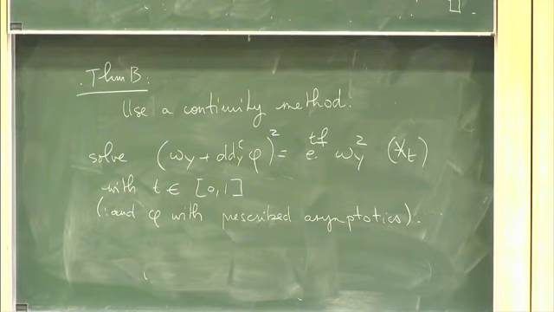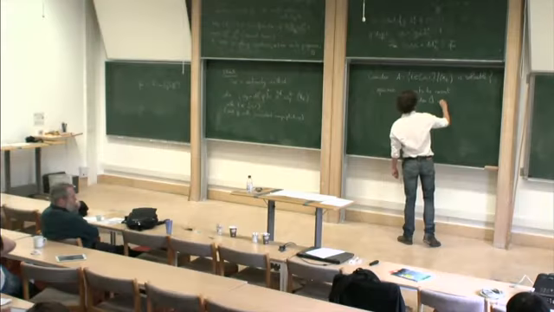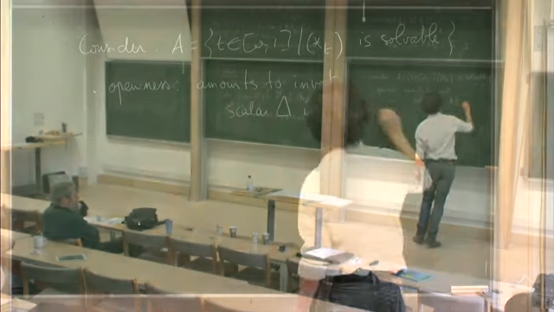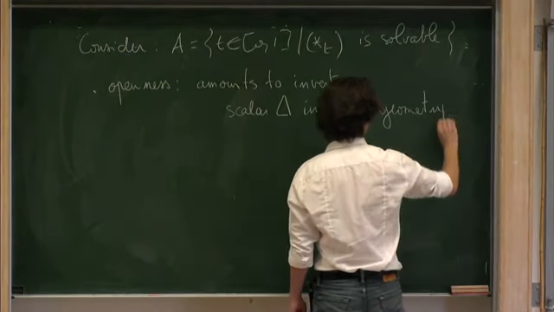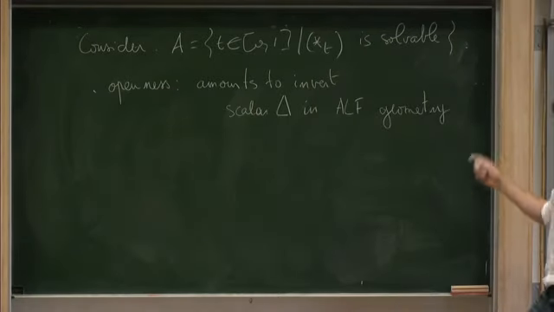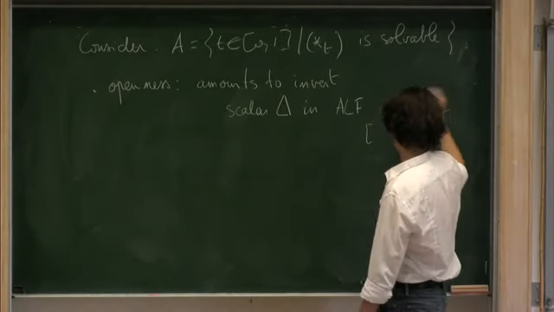So this amounts to inverting a scalar Laplacian in ALF geometry. This was initiated by Vicard and Minerve.